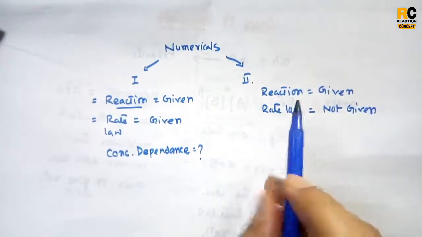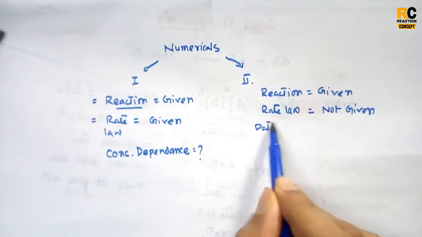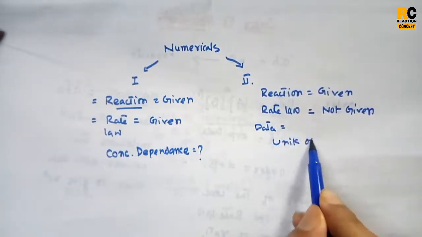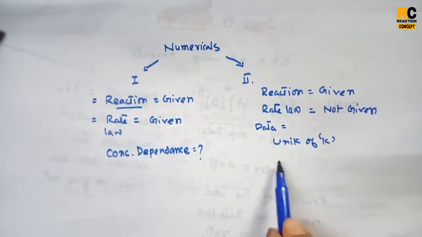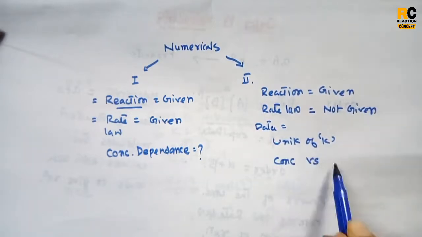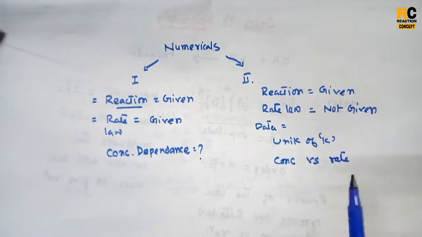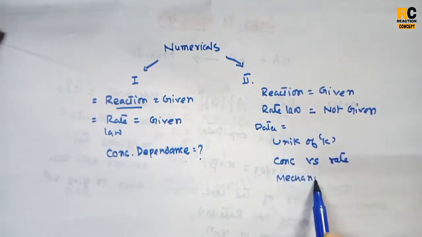In place of the rate law, there will be some data in the question. Suppose the unit of rate constant, some concentration versus rate, and the mechanism of a reaction. This kind of data might be given to you.